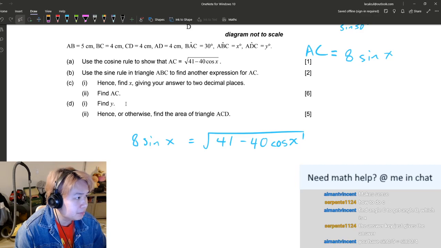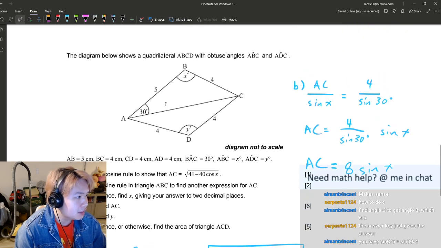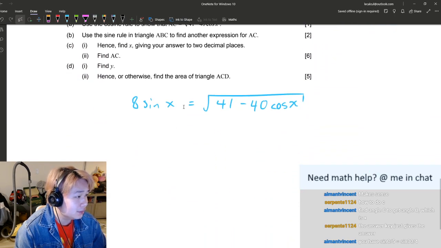This is really dumb. Because you can just use sine law to find this angle and then find out x. But what they wanted you to do is solve this equation using a GDC. So we'll just go their way for now.